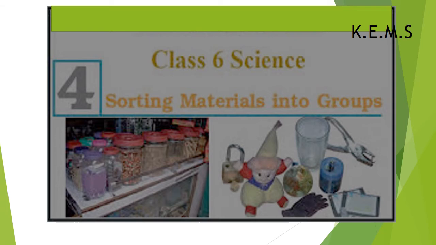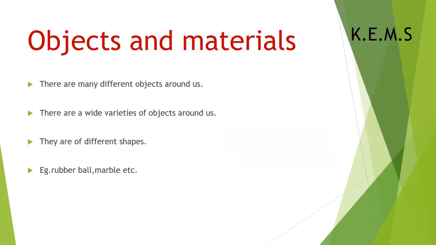Let us move to the next part of the lesson. In this lesson we need to differentiate different kinds of objects and materials. We need to mainly study first what are objects and what are materials.